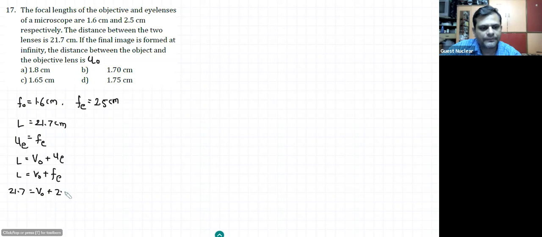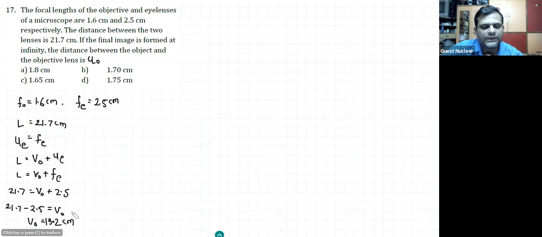Okay, so if you just take this in this side, then we can get this 21.7 minus 2.5, which is going to be VO. So finally VO is obtained as, देखो 21.7 में से 2.5 गया तो यहाँ पे बचेगा 19.2, and that is again going to be centimeter. Yes, so this is actually going to be the VO value.